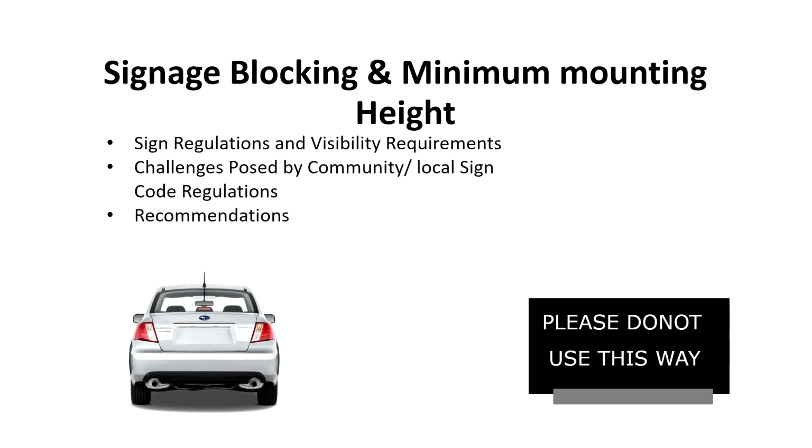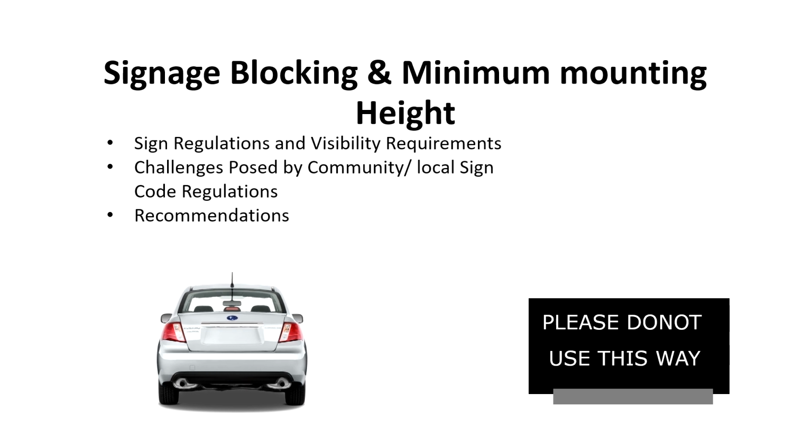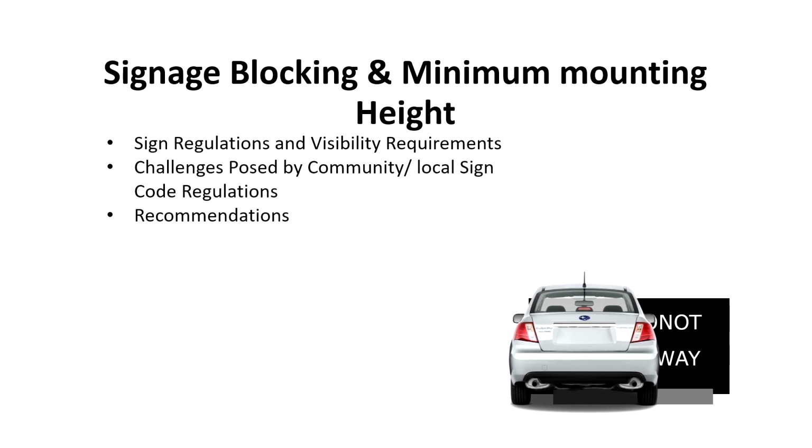Okay. Now, we calculated the signage size, but is that enough? What about the signages blocking? Sometimes we think that putting the signages on the right side of the slide, they are exactly the same size we wanted. But what happens if a vehicle stops in front?